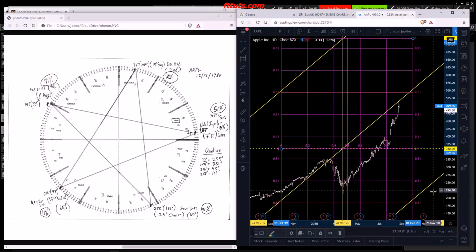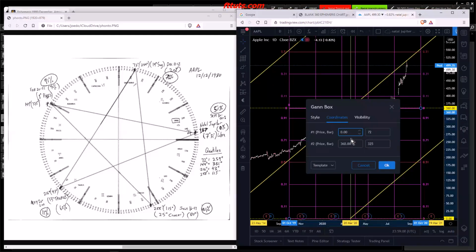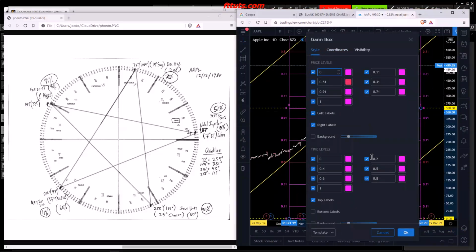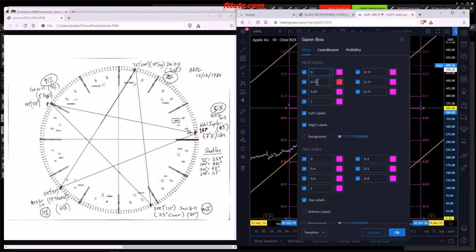Is that what we're getting? We're getting about 52%, right? Maybe I should put that, 52%. Maybe all these percentages are off by a couple of decimals. When you're dealing with this stuff, try to be as accurate as you can.